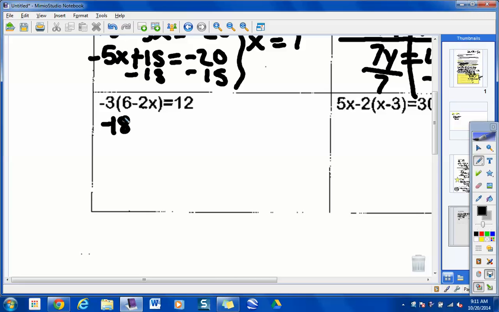Careful on your distribution. Let's see if she catches it. Candace, why are you changing that minus sign to a plus? You're gonna take what times what? -3 times -20. Yep, so a negative times a negative, right?